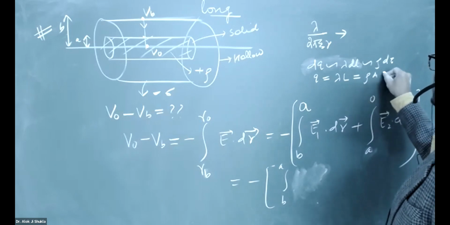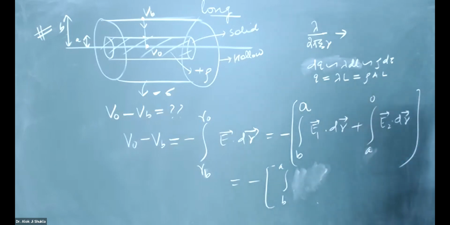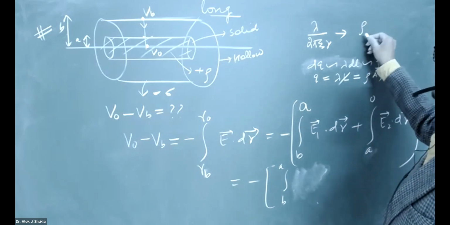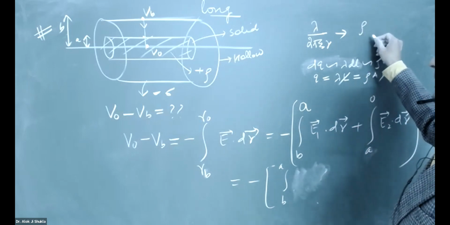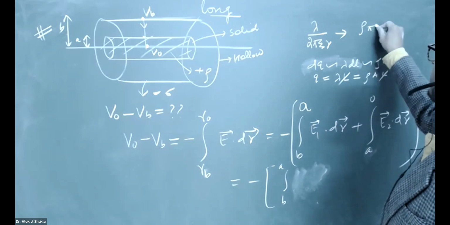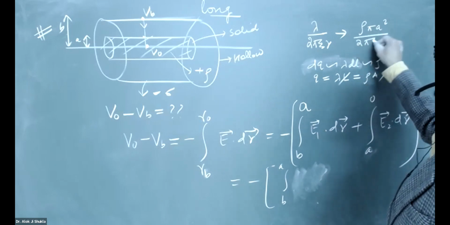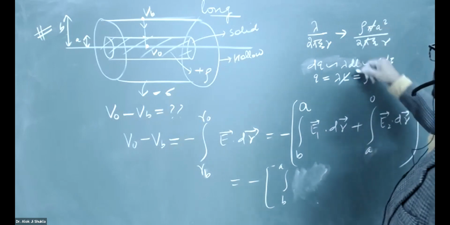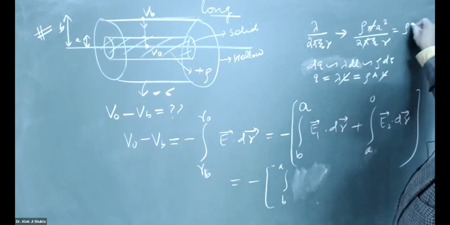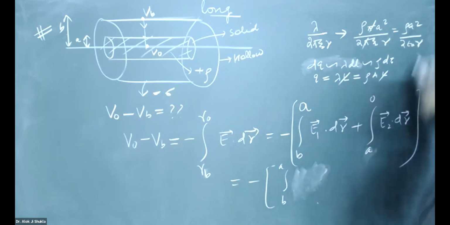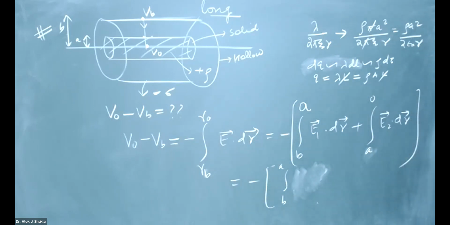Area of cross section into L. So L and L will cancel. So lambda can be replaced by rho into area of cross section, which is pi a square, by 2 pi epsilon naught r. So this will cancel. So it will become rho a square by 2 epsilon naught r. This will become the formula.